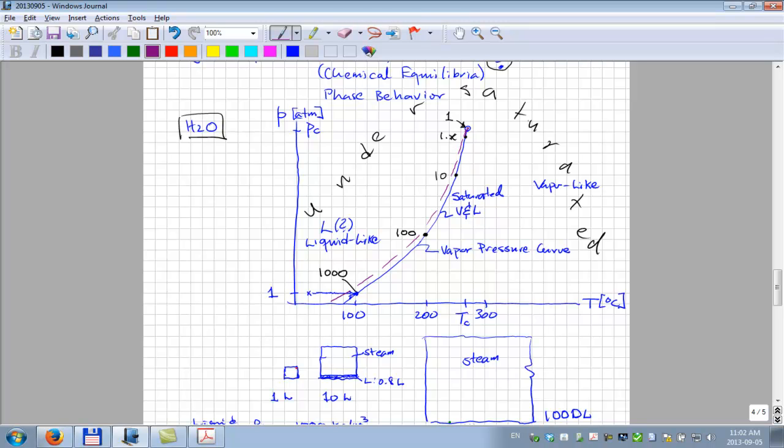It will be right here, because we use the PC and TC to find A and B. So it's guaranteed to be right here, but at the other temperatures it'll be a little bit off. There are some ways that they correct that, but we're not going to go into that right now. But it does a pretty good job, for being such a simple equation of state, of finding where water boils at 1 atmosphere. Okay?